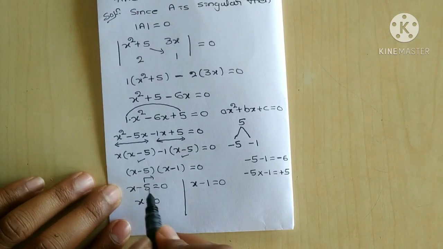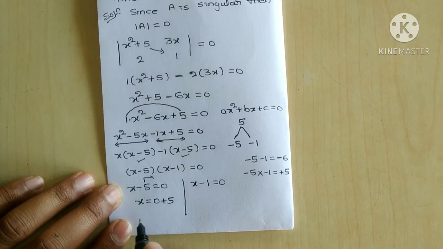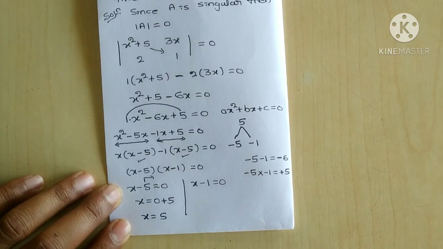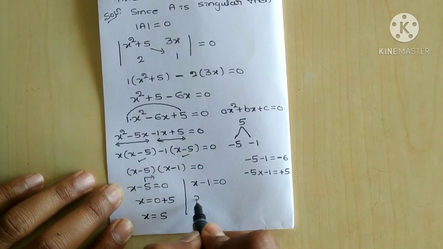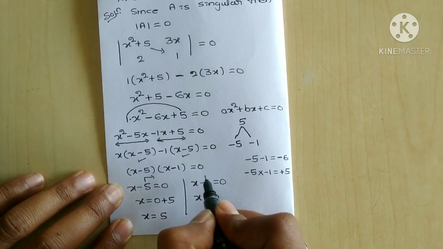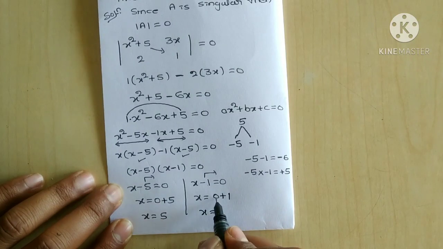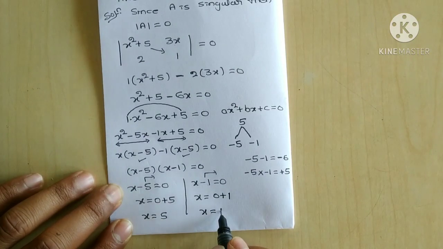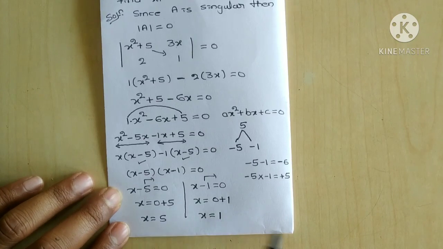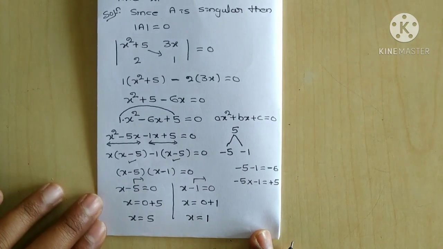So minus 5 becomes plus 5. Therefore x is equal to plus 5. Similarly here x is equal to 0, minus 1 becomes plus 1. Therefore x is equal to 0 plus 1, which is 1. So these two are the values of x.